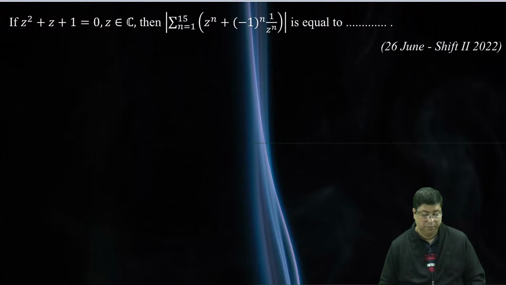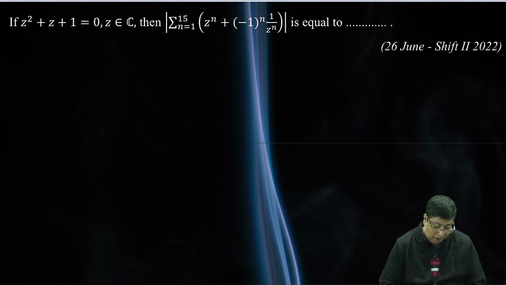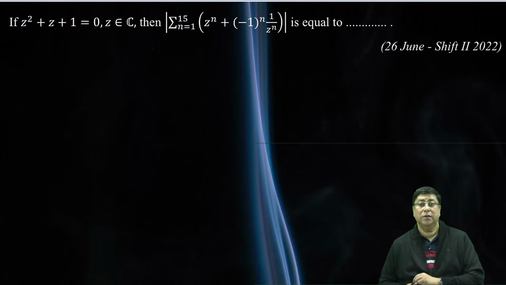Let's do the next sum. In this case, z square plus z plus 1. Whenever we see that z square plus z plus 1, it means z equal to omega and omega square. That we have to keep in mind.